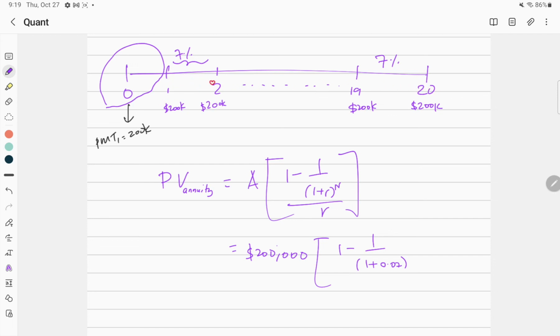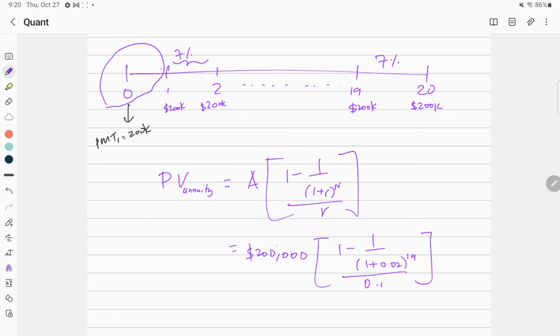This is year one, and then year two. How many years do we have from here to here? We have 19 years, because we have not counted the first year. So forget this and let's talk about this. Our N is 19 here, right?